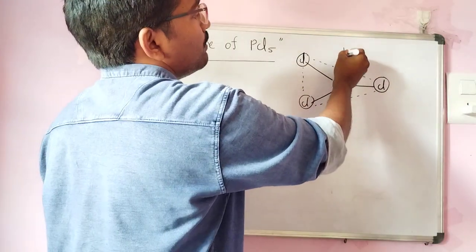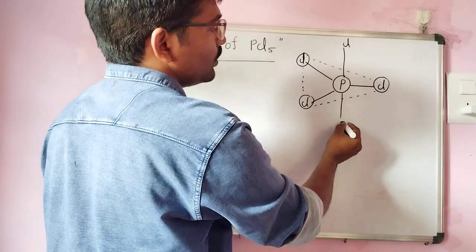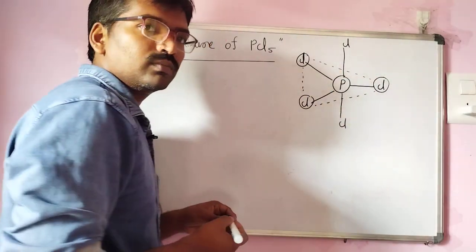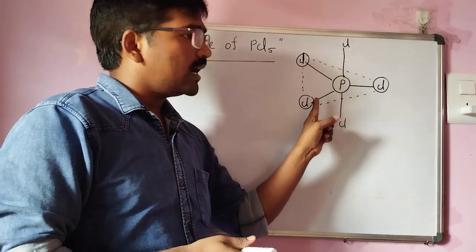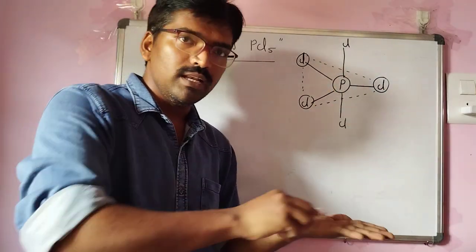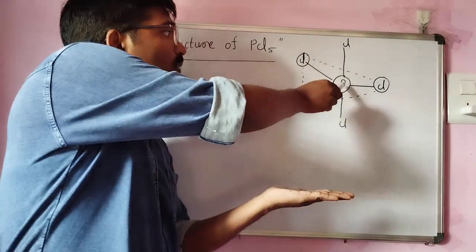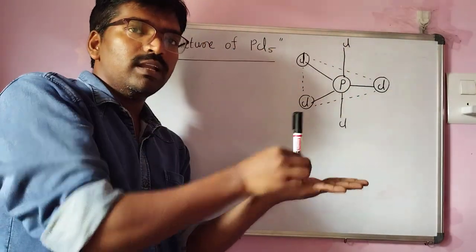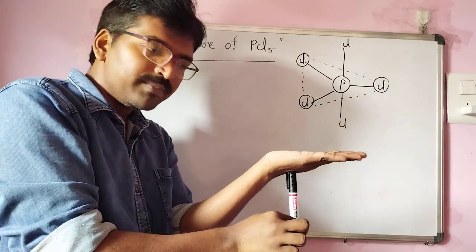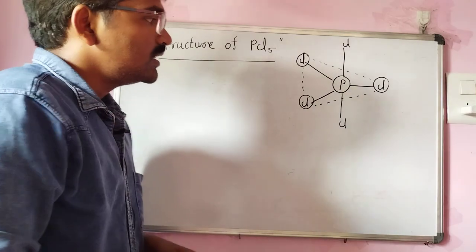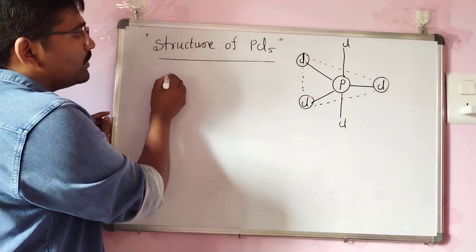Then above the plane one chlorine atom, and below the plane one chlorine atom, are present. So this structure we call trigonal bipyramidal.